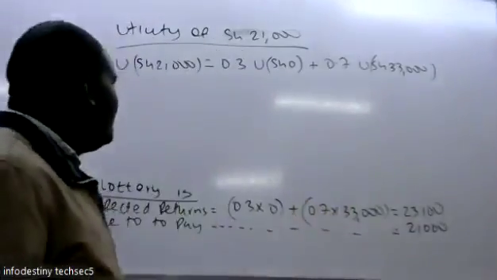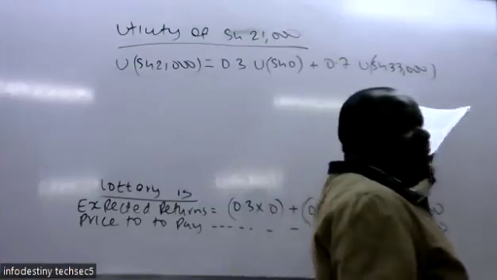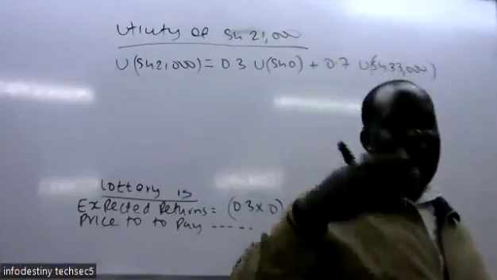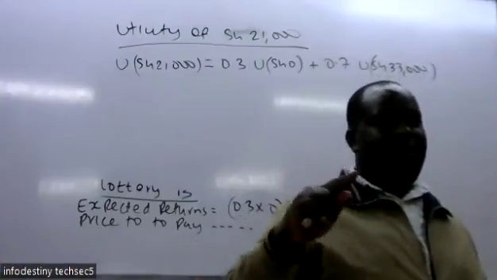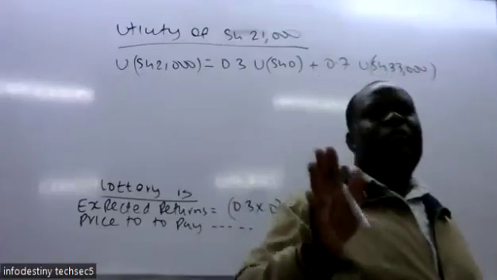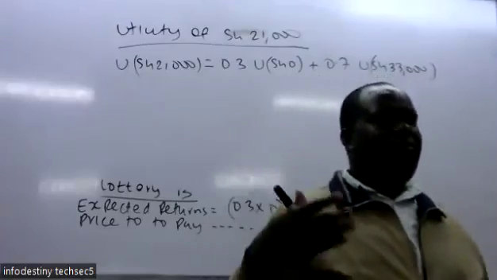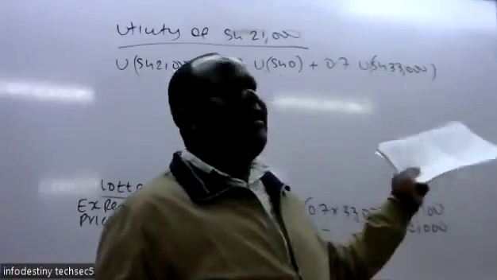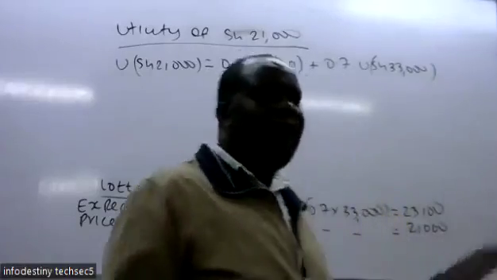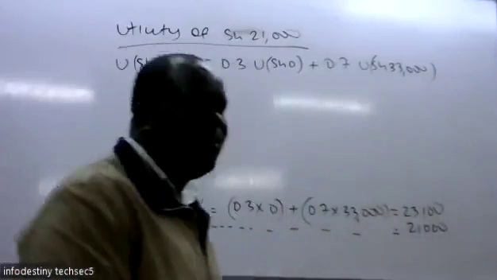So this time, when he receives that 3,000, it will be the same as the satisfaction he got when he paid. Remember lottery A, when he paid, he got 0.5. When you pay and when you receive, the satisfaction will remain the same. So even this time, when he received that 3,000, he will be receiving 0.5 utils.